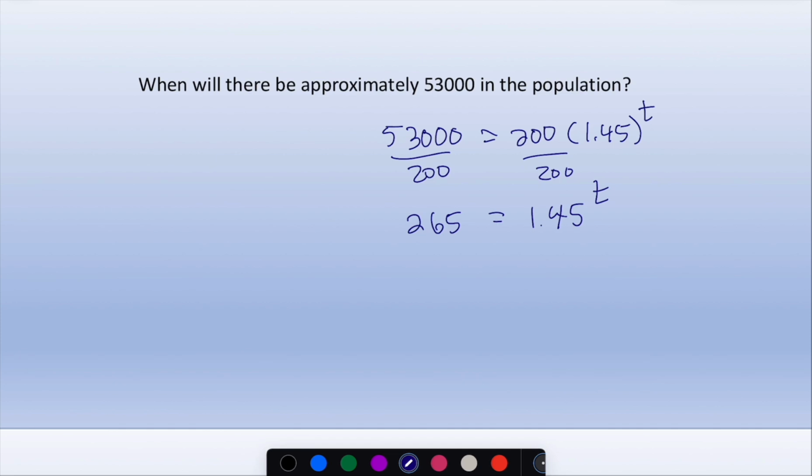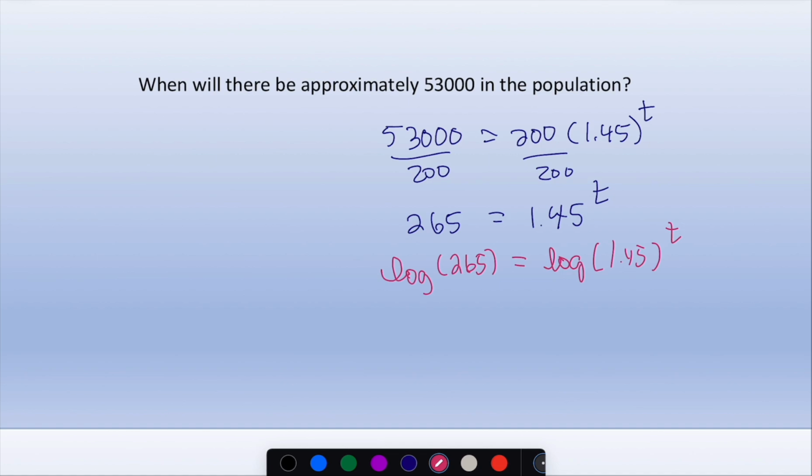Well, almost every calculator, basic scientific calculator, has a button on it that says either log or natural log. It doesn't matter which, both will work. Okay. All you're going to do is take, we'll just put log for now, of 265 equals the log of 1.45 to a power of t.